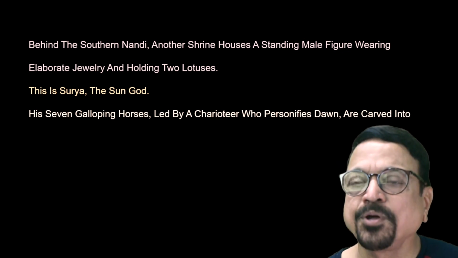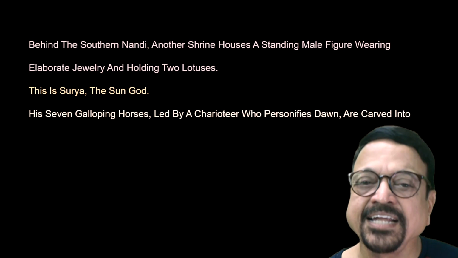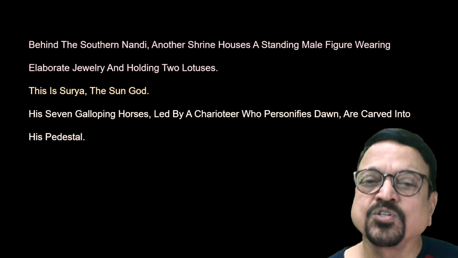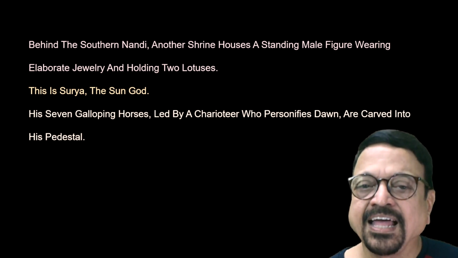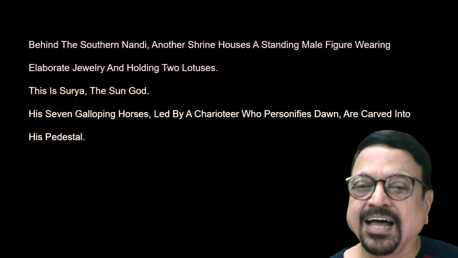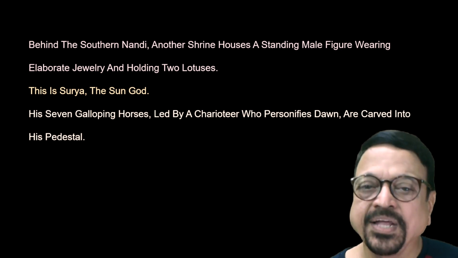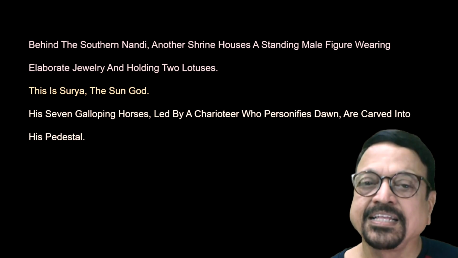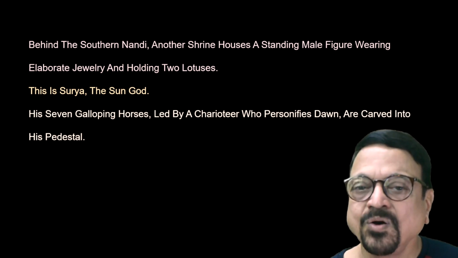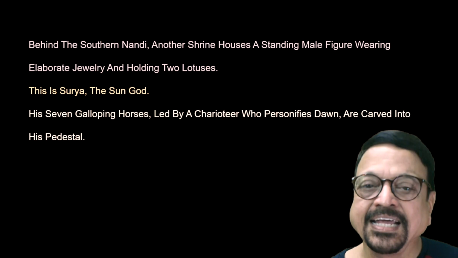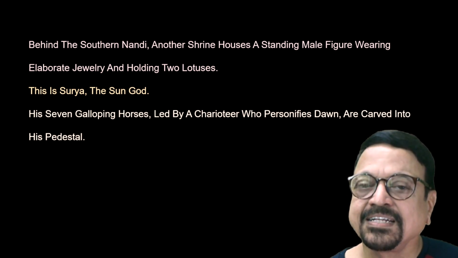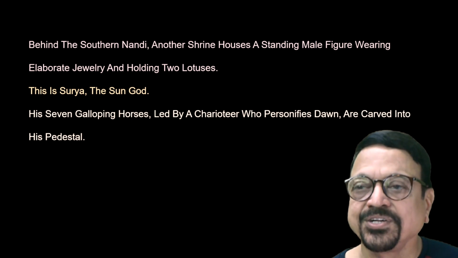He has a chariot with seven galloping horses. Who are his consorts? Sandhya and Usha are his two wives. Surya is most of the time with Sandhya and Usha, and Aruna is his chariot driver. He drives the chariot.